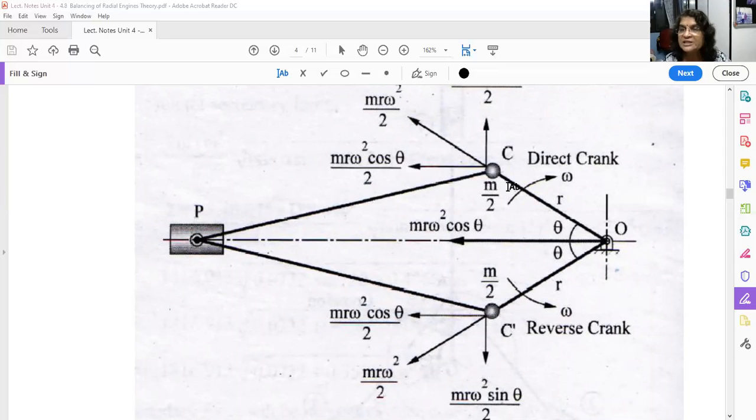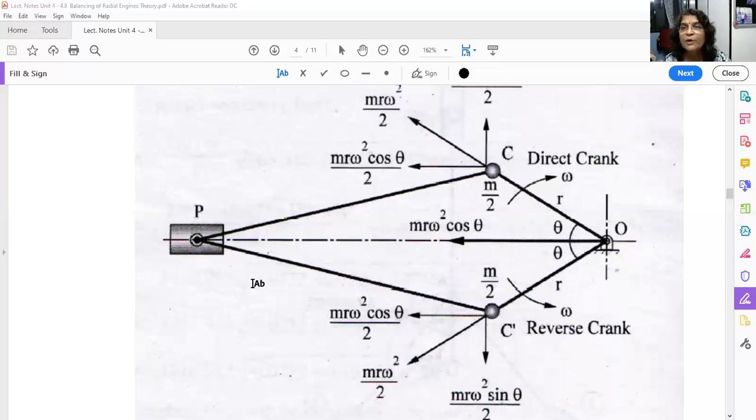That's why this imaginary arrangement is used to examine whether unbalanced forces are present or not. This is the concept. Understood? So instead of showing this mr omega square cos theta unbalanced force along the line of stroke, you can imagine half mass here, and the same force will remain in the engine.